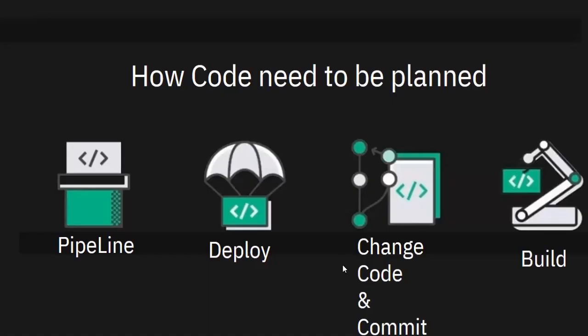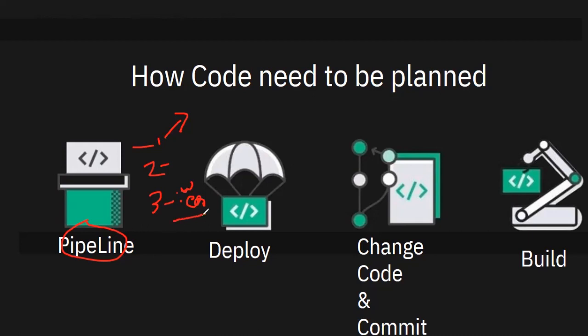So where do I need to start? I need to start with the pipeline first, because in the pipeline you define task 1, where to take the code from. Task 2, after taking the code, what do I need to do, using Maven to build, or Ant, or Gradle. And task 3, after the build, I get the .war file or .ear file. It depends on the application and the IDE tool, Java or .NET.